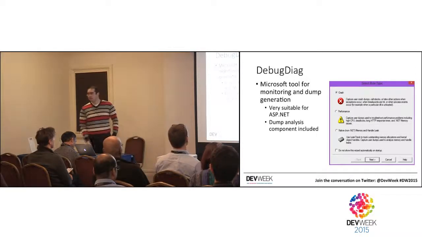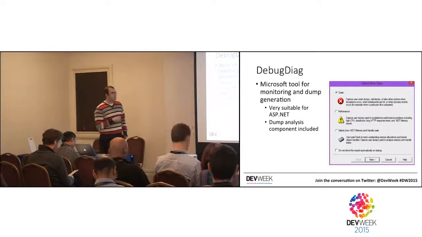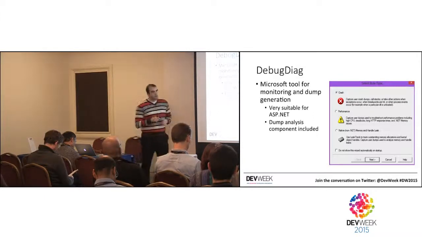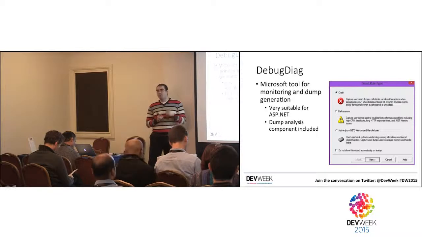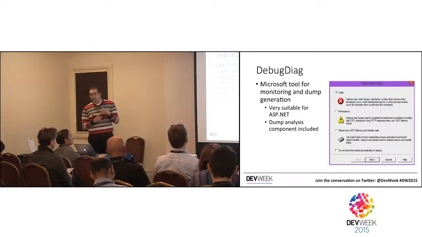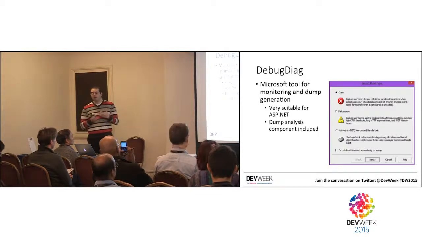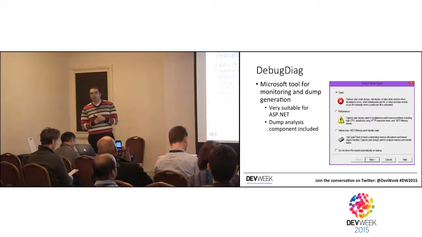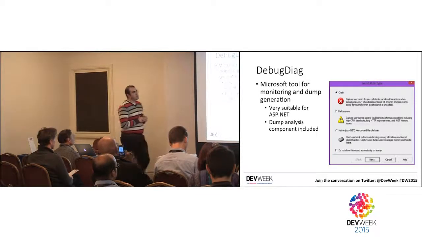And one final option I'd like to mention is DebugDiag, which is a Microsoft tool, a really nice tool which was developed by the Microsoft Product Support Services, PSS. And this is a tool which is really useful particularly for ASP.NET applications or really anything that's running inside IIS, Microsoft's web server.